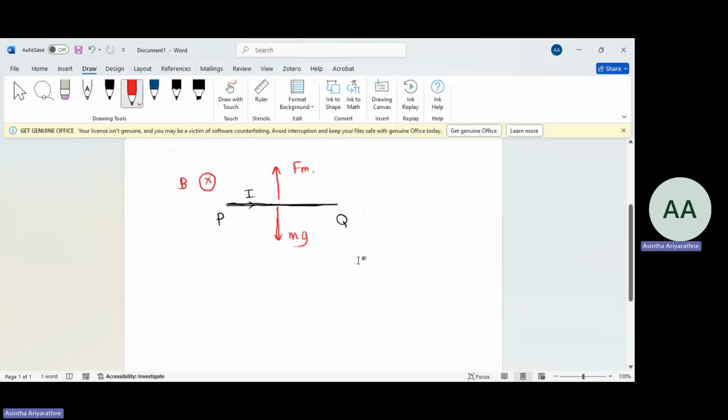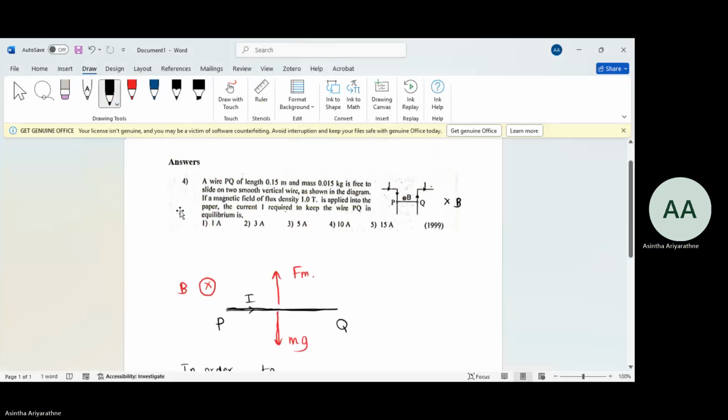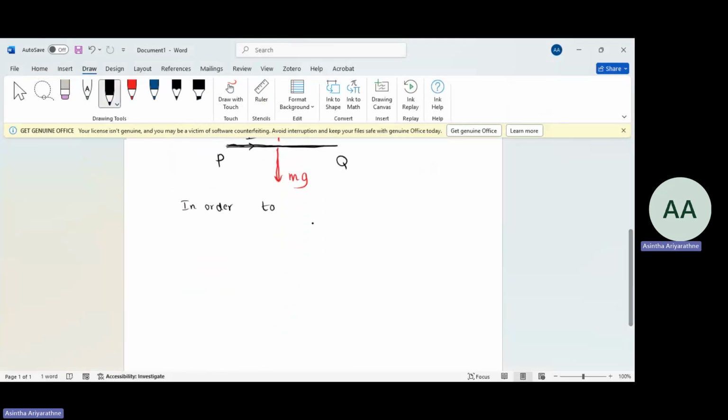And so in order to be in equilibrium, what is the condition? Fm should be equal to mg. Fm minus mg should be 0.